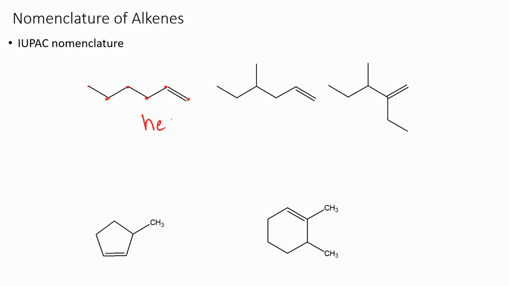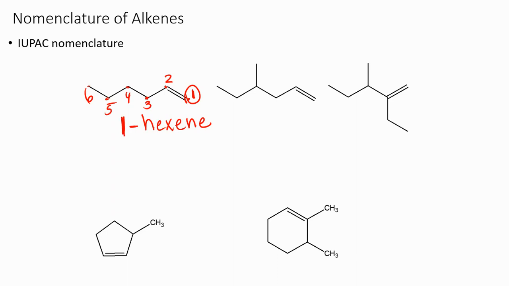So our prefix is hex. We're going to give that hexene ending for that double bond. And then we're going to want to start over here because we want the double bond to have the lowest possible number. And here it starts at carbon 1. And so we're just going to have 1-hexene.